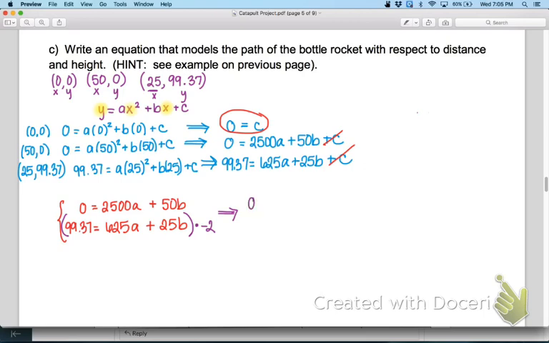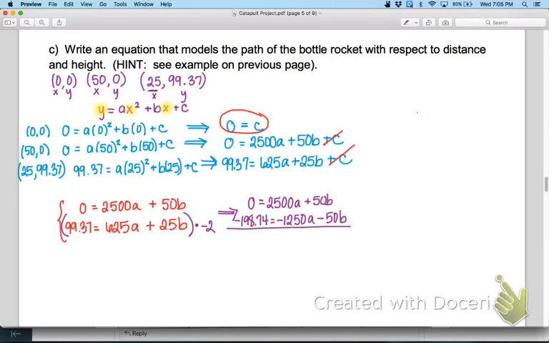So that doesn't change my top equation, 2500a plus 50b. But now down here, I get -198.74 equals -1250a minus 50b.